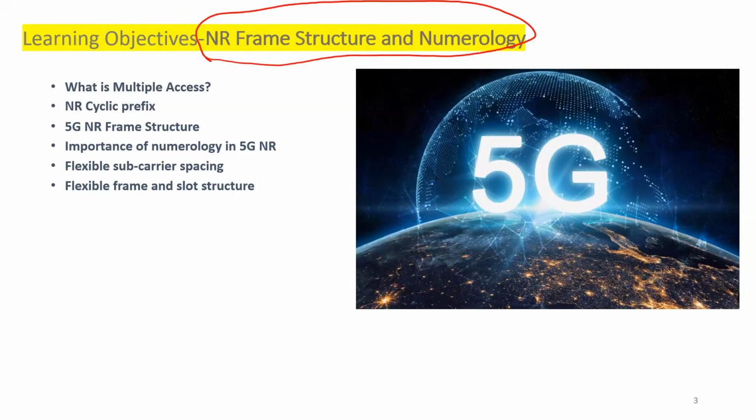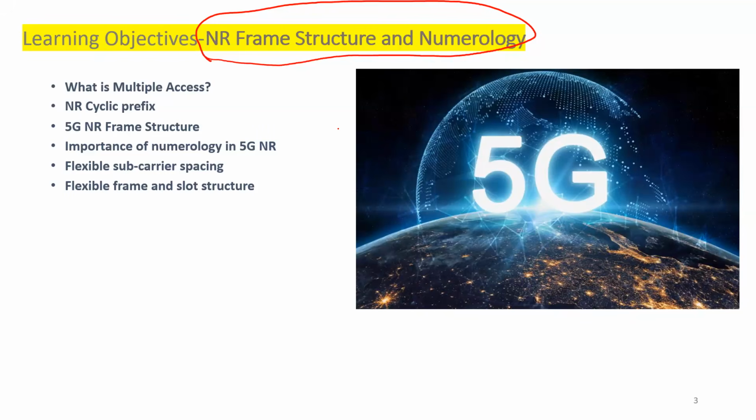In 5G, there comes a new concept which was not there in the previous technology. That concept is called flexible sub-carrier spacing. We'll describe the multiple access scheme used in 5G. Also, we will inspect the 5G NR numerology and the physical resources.